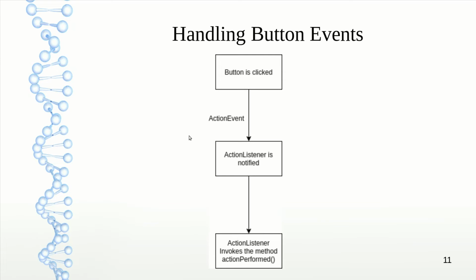We have already seen this action event in our previous classes, and corresponding to this action event, we should have already written an action listener class, and this action listener class is notified when the action event is generated. And when this action listener class is notified about the action event, it invokes the method actionPerformed.